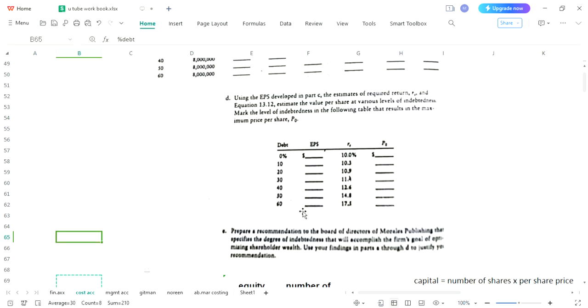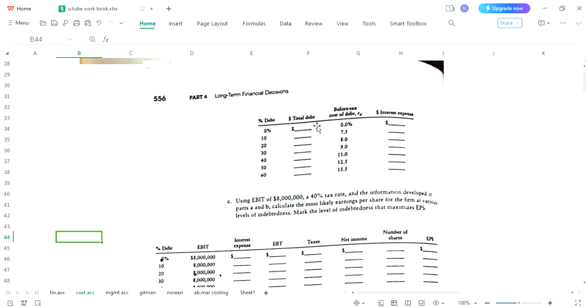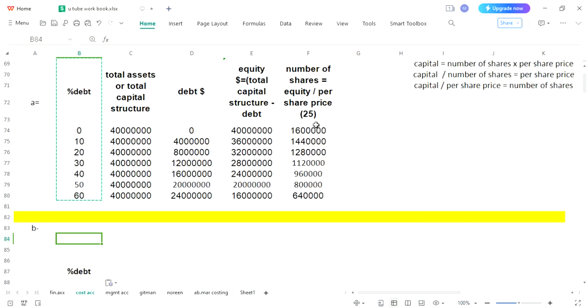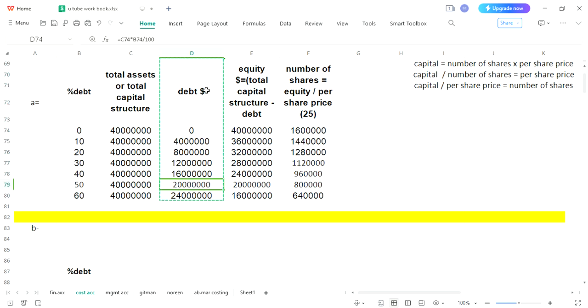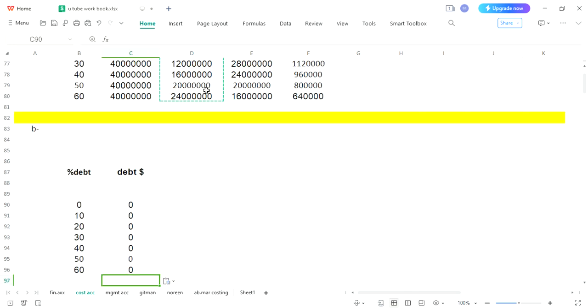Let's go back, and next is total debt. As you can see, total debt was already calculated, so we do not need to calculate it again. We can put it over here. We'll have to copy in different ways. Let's see if paste special is present in this proforma.